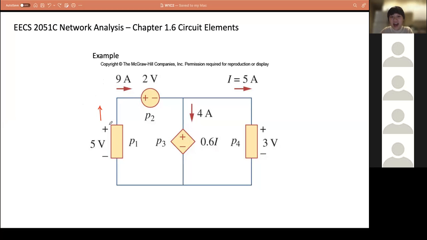So I here is negative 9 amp for this element. So P1 is equal to negative 9 amp times positive 5 volts, so P1 is equal to negative 45 watts.